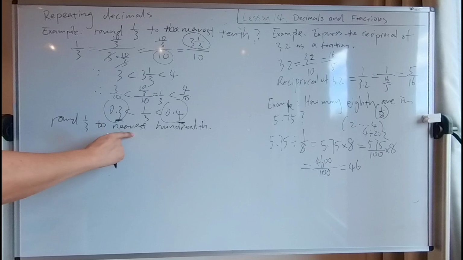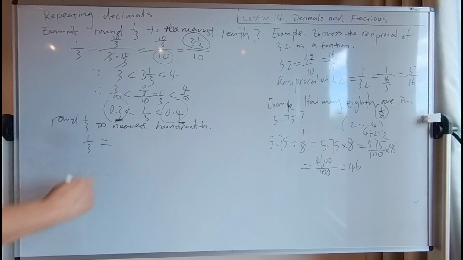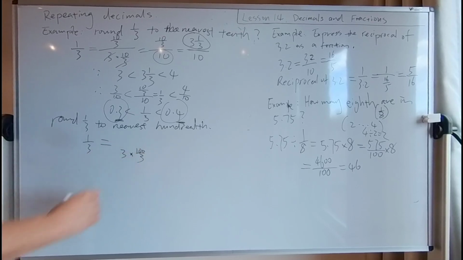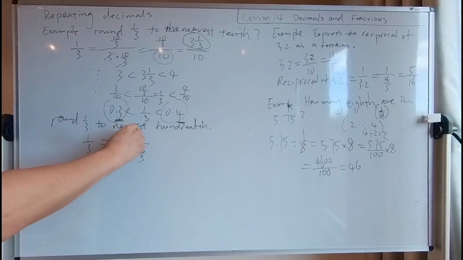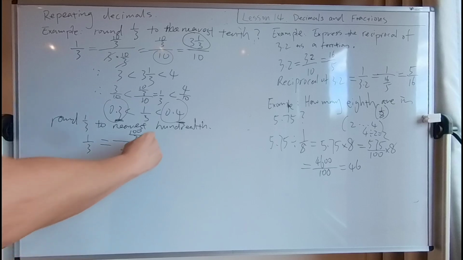So if we want to round to the nearest hundredth, we want to have a 100 on the bottom. So it's the same way: I need to create 100 over 3 on the bottom, making sure the denominator is 100. Similarly, I need to multiply the same number on the top.